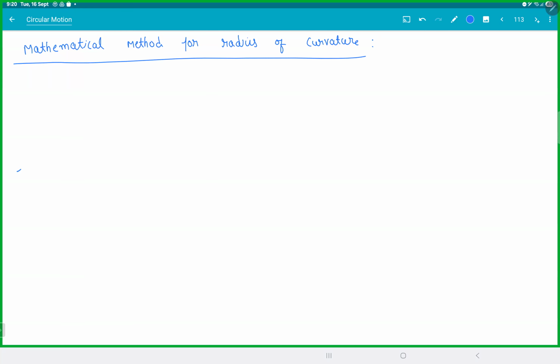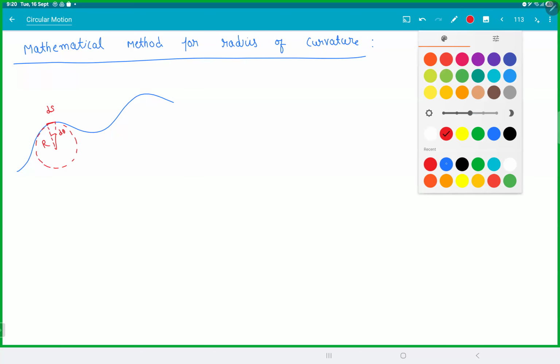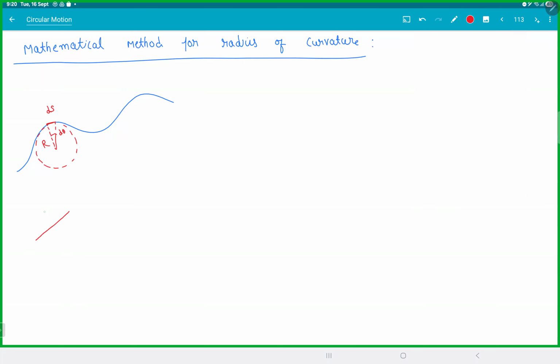So let's say we have some random path. You take a small segment ds. This is small d theta, and this is the radius of curvature r. Now, like I said, you can treat this ds like a straight line. You can treat this ds also like an arc. So this is dy and this is dx.